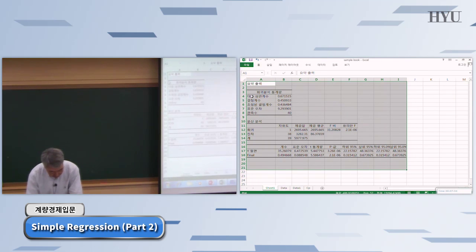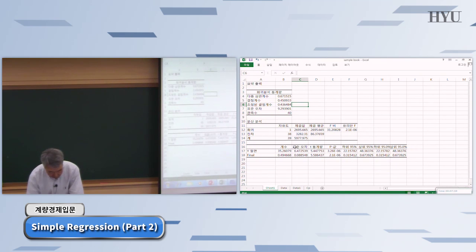Okay, so here, we'll talk about all these things later. But here it says y-intercept, and here's the variable, final exam. So what we're looking for immediately are these two numbers.